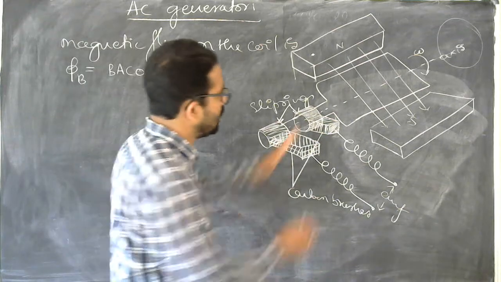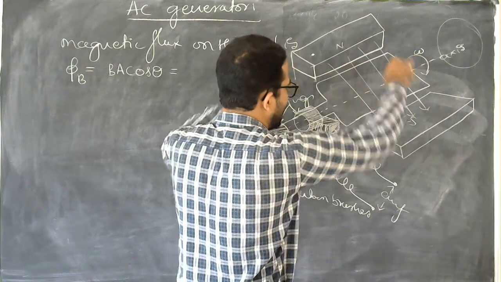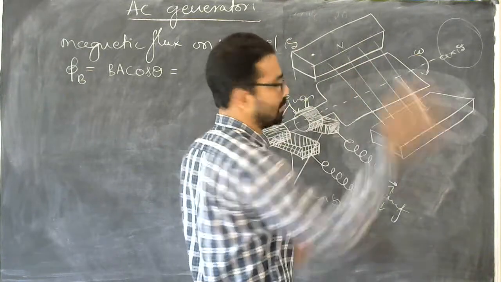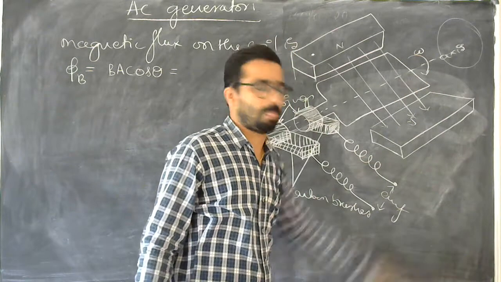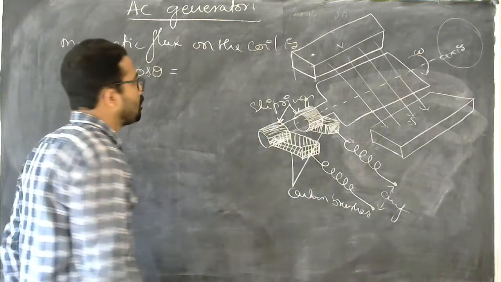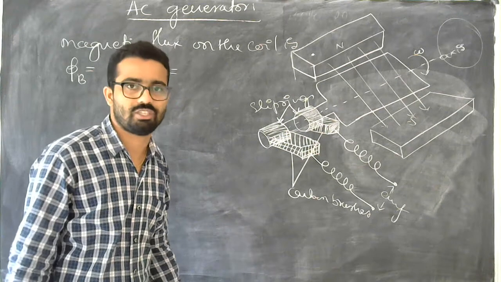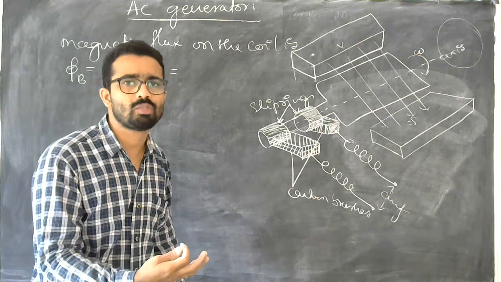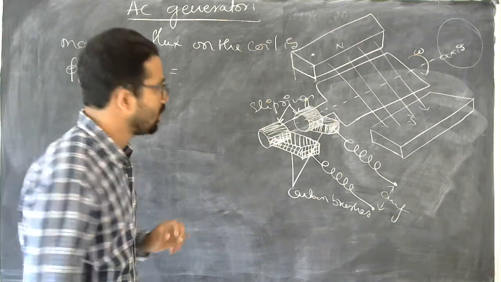And I told you that this rectangular current conductor will rotate. It will rotate like that, with the angular speed omega. And if you know the angular speed, you can also calculate the angular displacement. Angular displacement is nothing but theta. You can calculate theta. How?